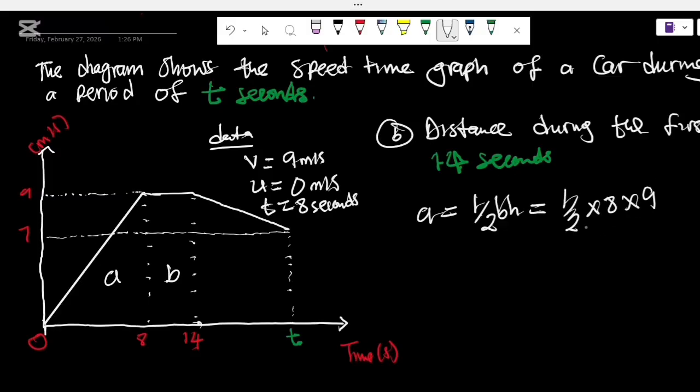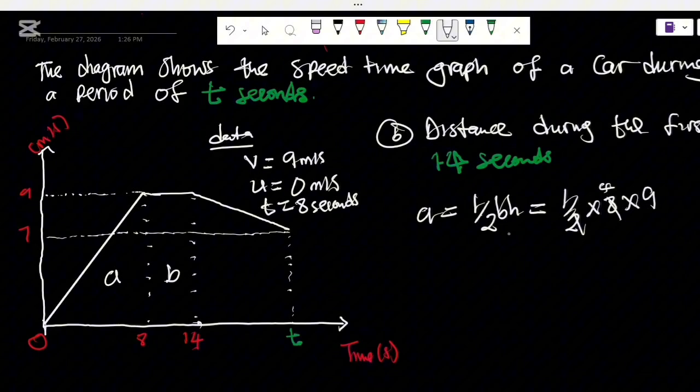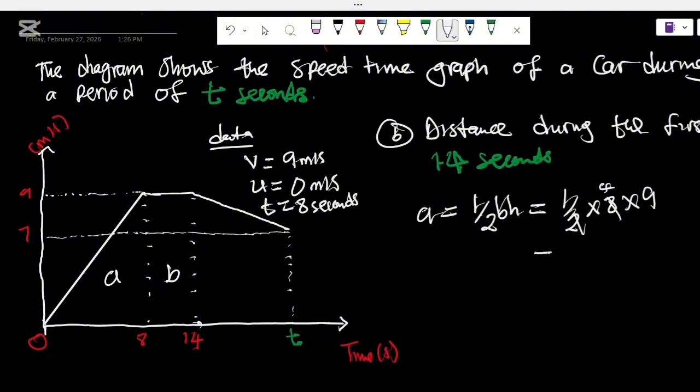So 2 into 8 is actually 4. What is 9 times 4? Well, 9 times 4 is 36. So 36 meters squared is the area of that particular shape.